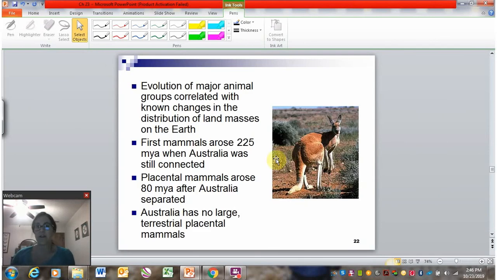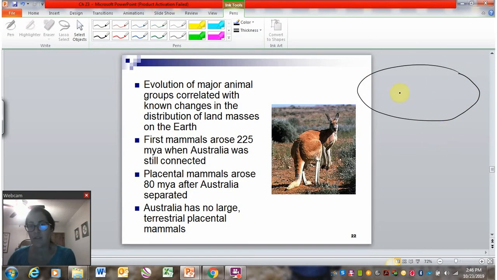In Australia, we also see some unique things because it's an isolated continent. So again, we used to have this big, massive land that was all the other continents. Well, maybe not all of them, but most of them. And then Australia separated first.